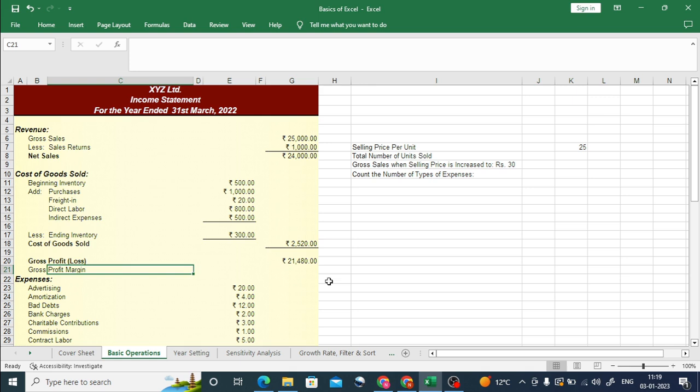Next, we have to calculate the gross profit margin, gross profit margin being the percentage of gross profit to net sales.